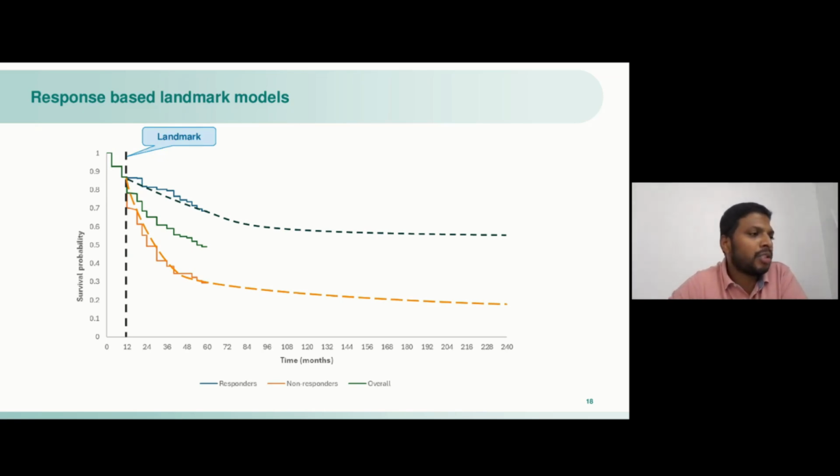So in this approach, we can see that the survival extrapolations are performed from the landmark period, which is also known as the response assessment period in this context. And the overall survival through this method can be calculated by weighting the survival function for each response group according to the proportion of patients at the response assessment point.